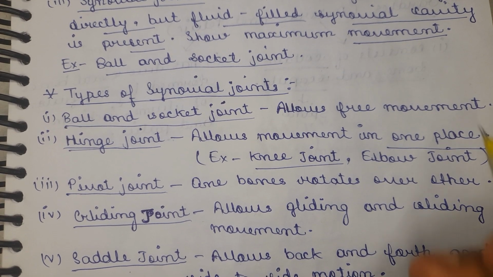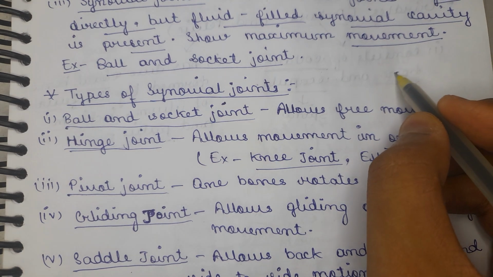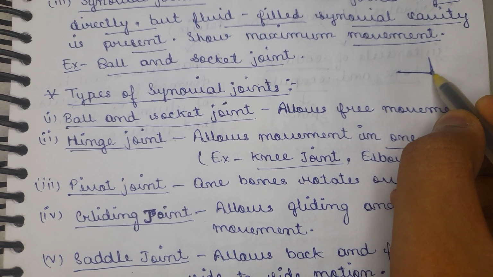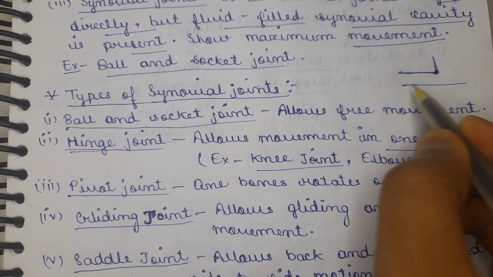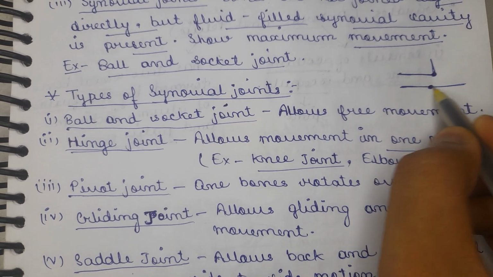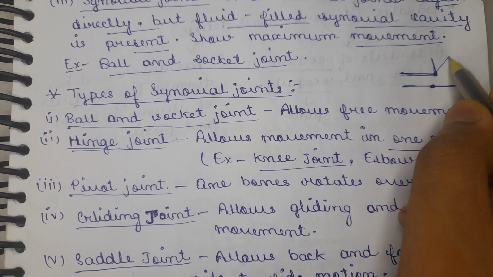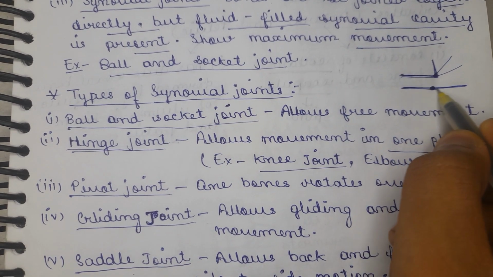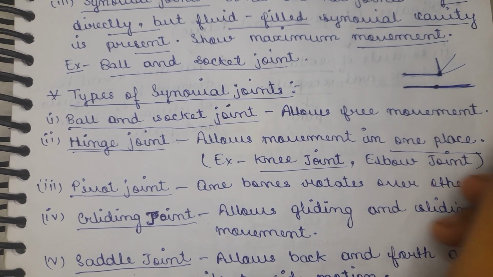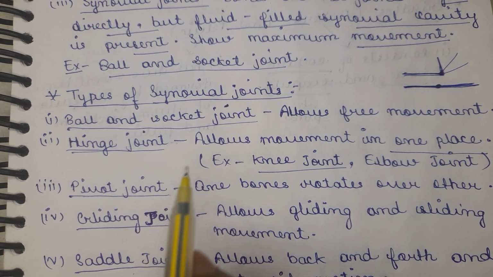For example, if you see your elbow joint, your hand will move like this. Or you can also make your hand straight, at 180 degrees as in a straight line. So here the hinge joint is present.